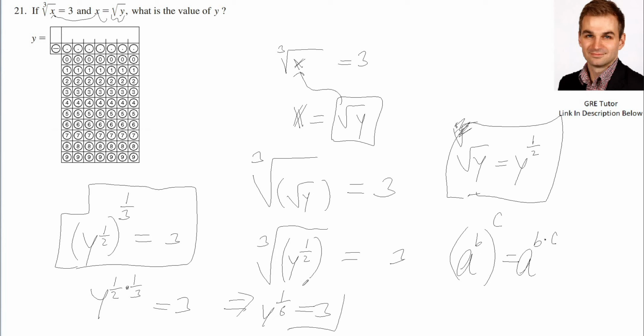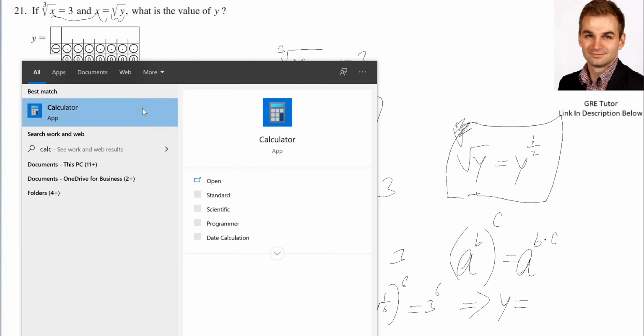Now how do we solve for this? Well, pretty simple. We just take everything to the 6th power. Y to the 1/6 taken to the 6th power is equal to 3 taken to the 6th power. And then that will lead us to y being equal to 3 to the 6th power. We don't necessarily need a calculator for this, but I think I'll use it.